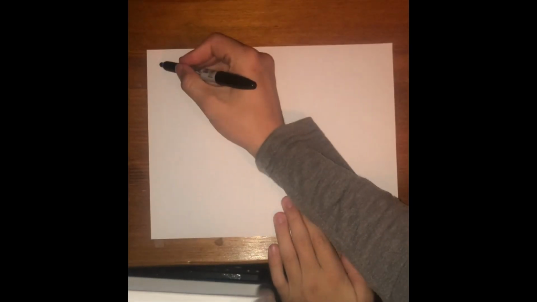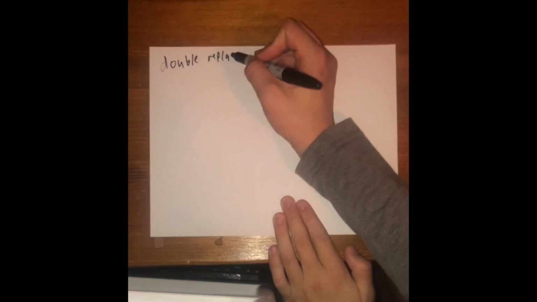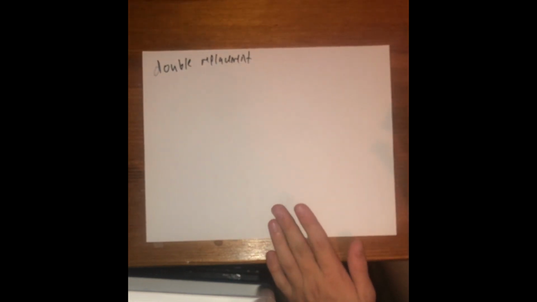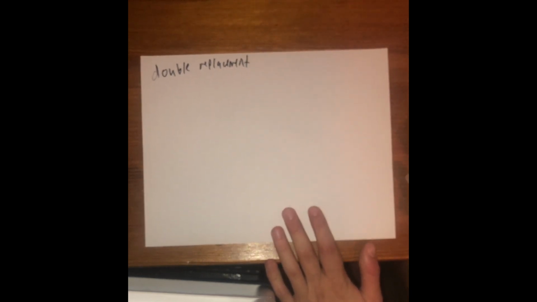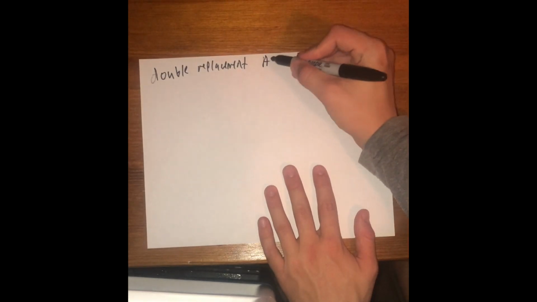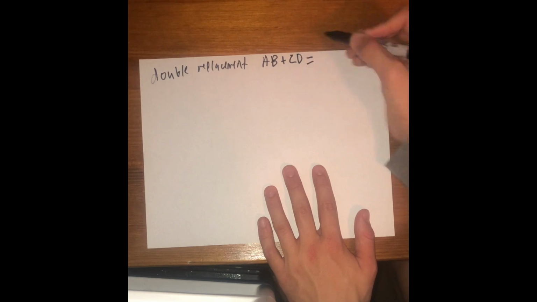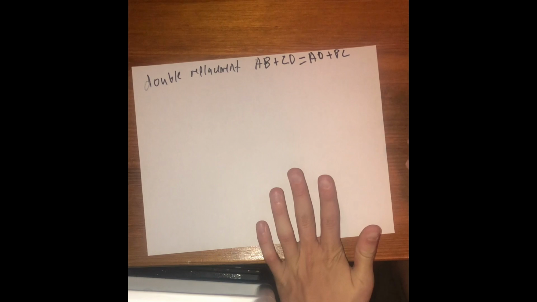Reaction 5. This one is a double replacement. So the last one we did was a single replacement, which was the change of one element that has a higher reactivity with the other element. This one is a little bit different. AB plus CD equals AD plus BC, or CB, either one works.